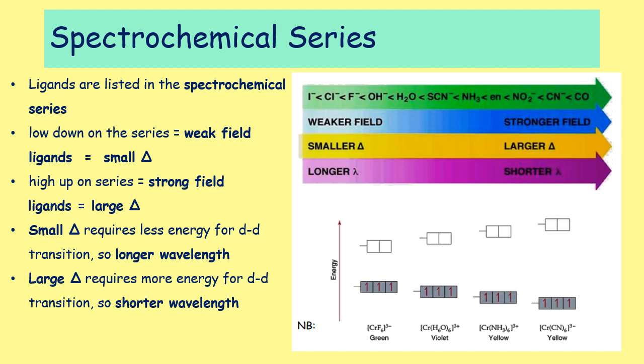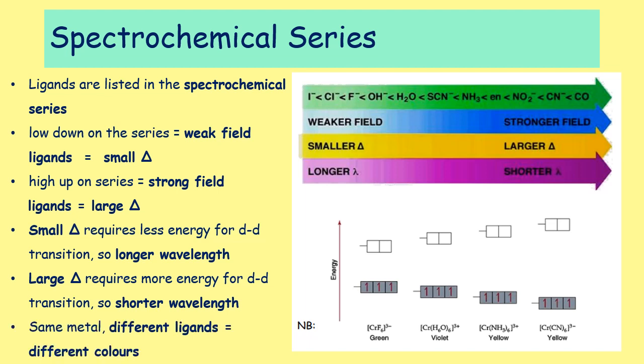A shorter wavelength means that you will absorb purple and blue light, and so you will look more yellow or orange as a consequence. So you can relate small or weak ligands to a small delta and strong ligands, ones that have carbon in them, to a large delta.